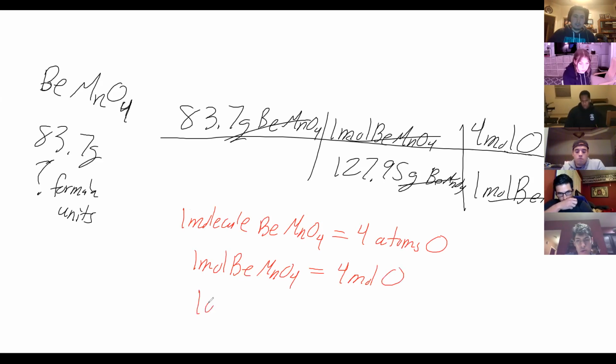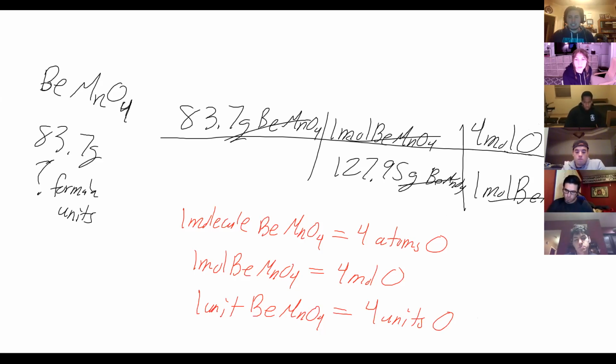And for every 1 unit of beryllium manganate, you'll have 4 units of oxygen. No matter what you do when you're converting, you end up with the same number. It's much easier to work with moles because you know what a mole is, and you can translate that to your atoms and your units like this.